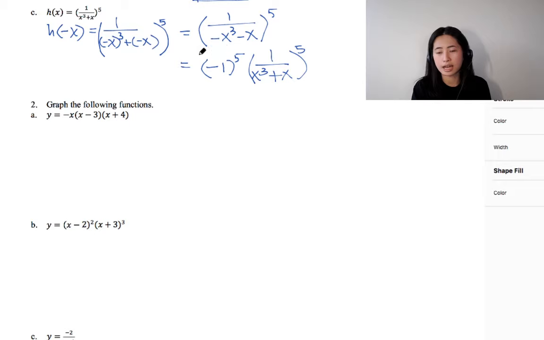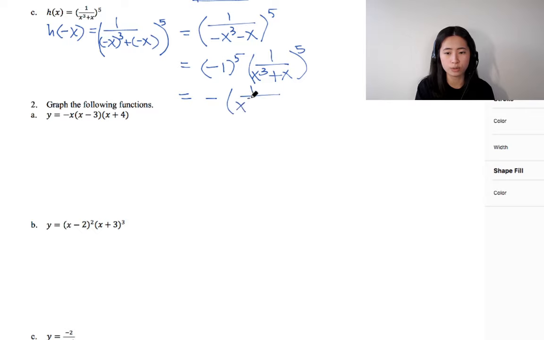And now, I've probably said this so many times, but if you have a negative coefficient and you're raising that to an odd exponent, that means it becomes negative. So you're going to have this negative 1 here because of this odd exponent, and then you're going to have 1 over x cubed plus x raised to the power of 5.